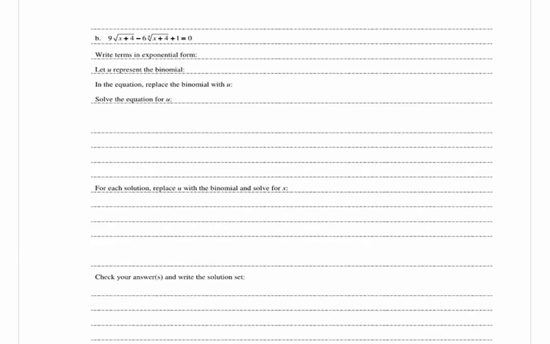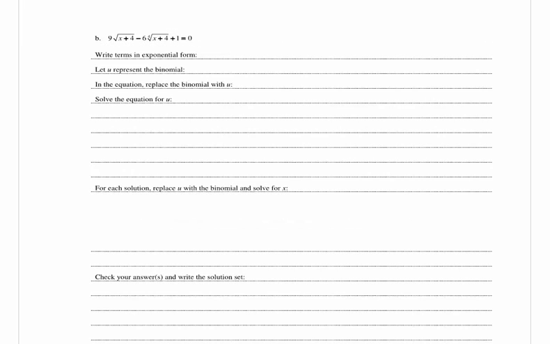In B, we have 9 times the square root of x + 4, minus 6 times the fourth root of x + 4, plus 1 is equal to 0. The first thing they want us to do is write terms in exponential form. So we can rewrite this equation as 9(x + 4)^(1/2) - 6(x + 4)^(1/4) + 1 = 0.